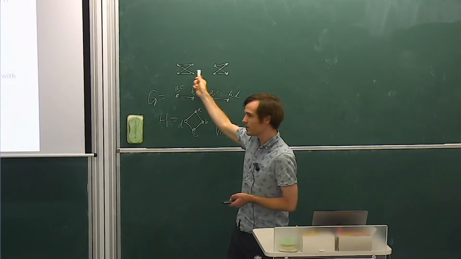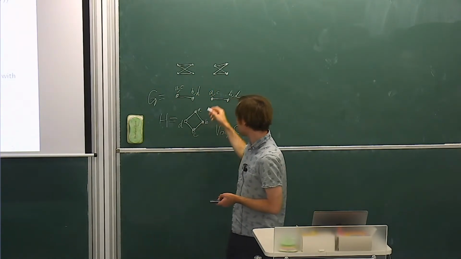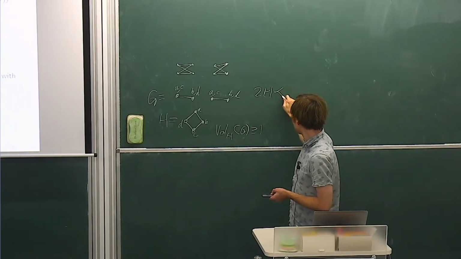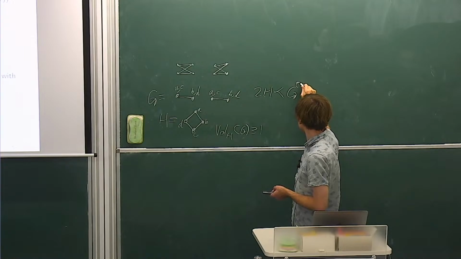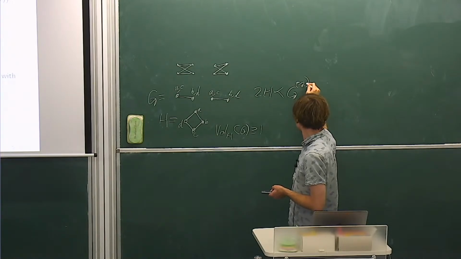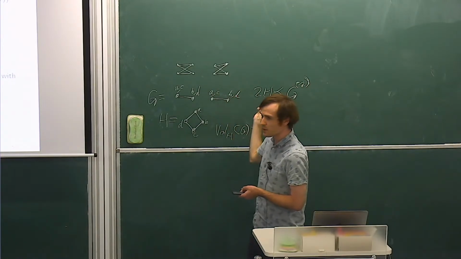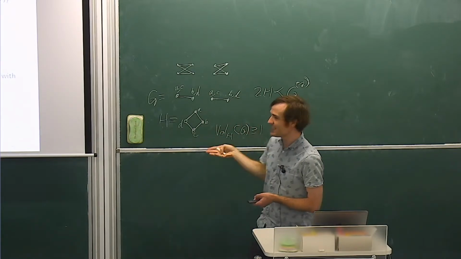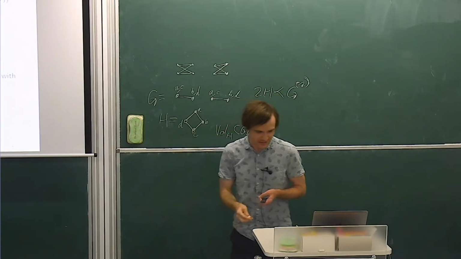So 2H is a minor of G to the 2. This is another way of seeing that the H volume of G is at least 1 for this graph here.